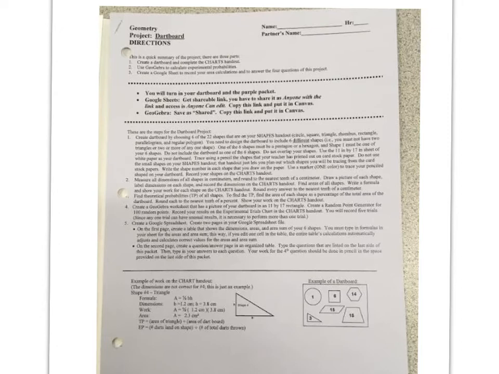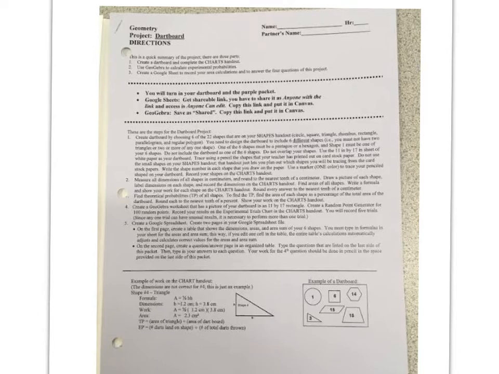After you measure all your shapes and record them in the inner part of this purple packet, you will cut the shapes and trace them on your dartboard. You are more than welcome to tape them or trace them on your 11 by 17 sheet of paper. Probably not glue; I would just tape them. You can put the shapes in any position, but they cannot overlap, and they have to be completely within that 11 by 17 sheet of paper.